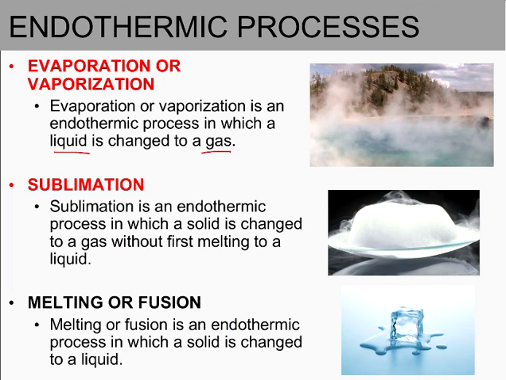And then sublimation is an endothermic process in which a solid is changed to a gas without first melting to a liquid. And so on the right-hand side is a picture of some dry ice or solid CO2. And then melting or fusion is an endothermic process in which a solid is changed to a liquid. So for instance, melting ice.